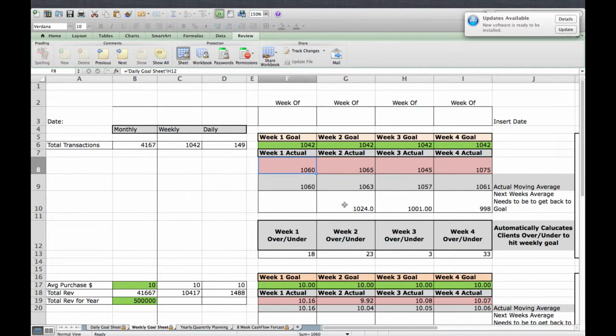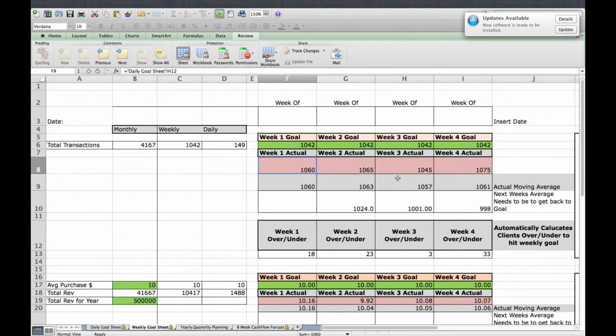So you can see here in week 2 goal, the number is 1,024. So what that means is the actual amount of transactions you had here was higher than your goal. If you would have done even less than your goal this week, after weeks 1 and 2, you would have still come to an average of 1,042.